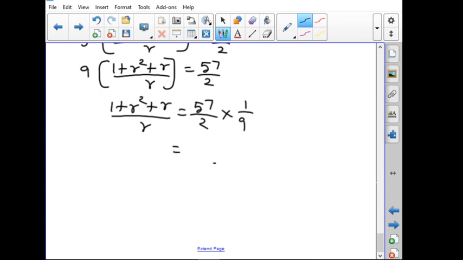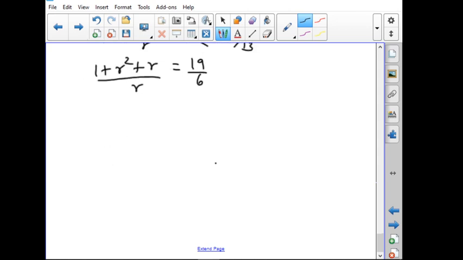Simplifying, 3 3s are 9, so 19, and 2 3s are 6. So the left side, 1 plus R squared plus R by R, equals 19 by 6. Now we are going to use cross multiplication.